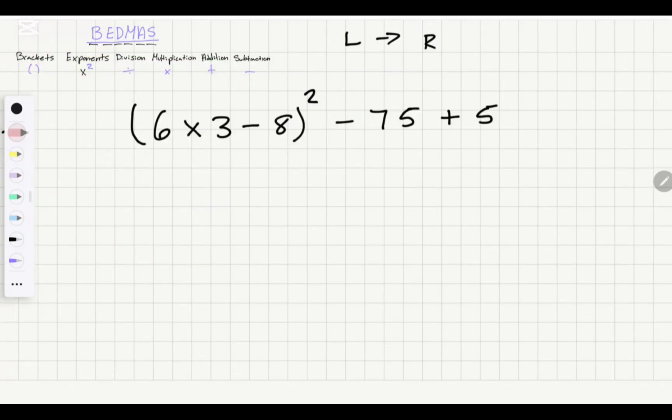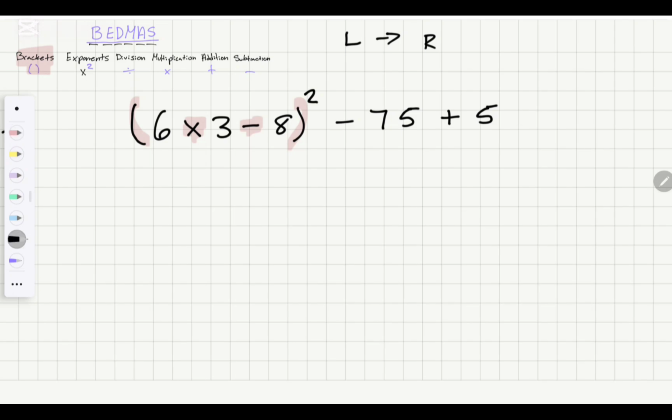All right, this is going to be our last equation that we try. So let's work this out. Brackets. Yes, we do have brackets. But look at this. We have 2 operations in our brackets. So what we have to do is BEDMAS inside of BEDMAS.